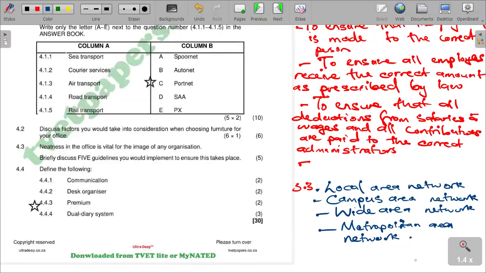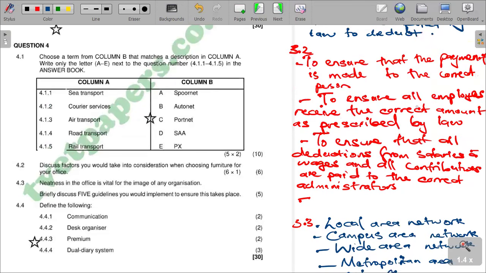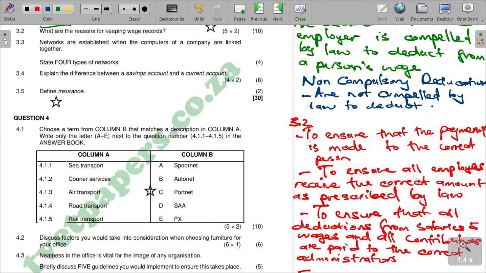Right, let's move on to question 3.4, whereby they explain the difference between savings account and current account.